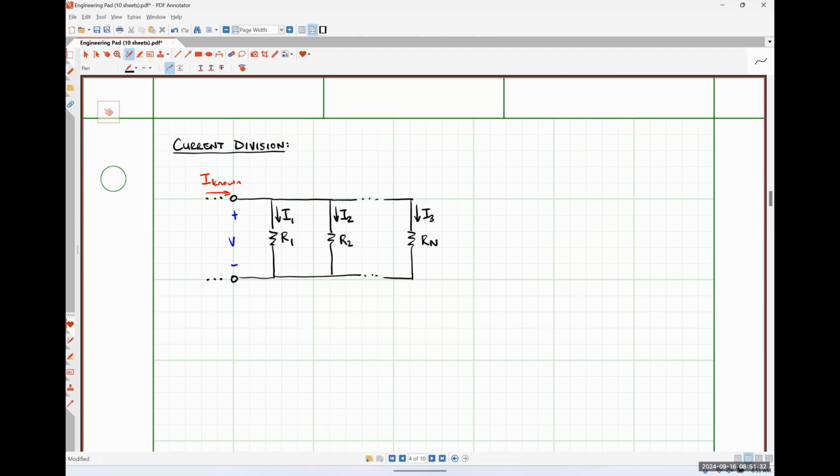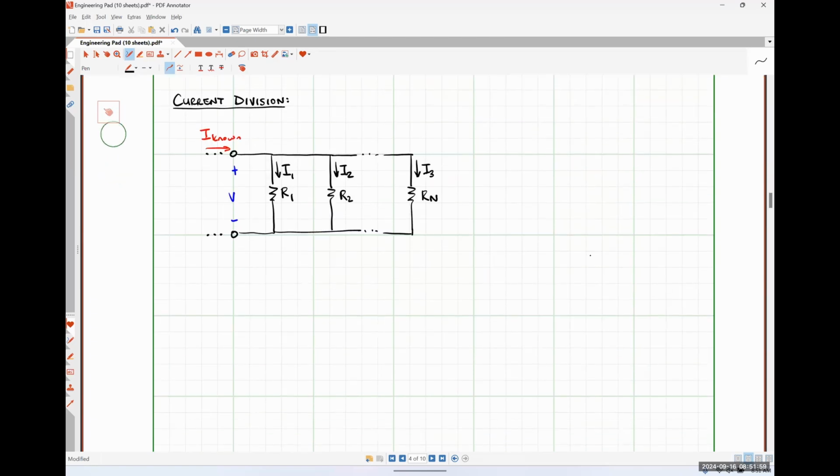So effectively what I'm describing here is some known current flowing into this parallel combination of resistors, and then it's going to split up and flow between those three resistors, right? So the current is going to divide among those resistors. As we will find shortly, it is once again based on a ratio of resistances, just like voltage division, okay?